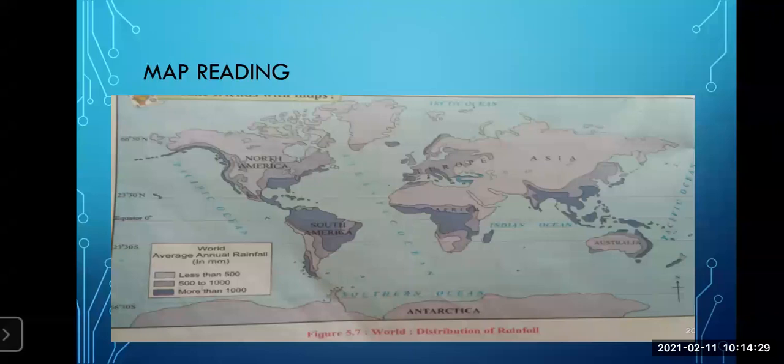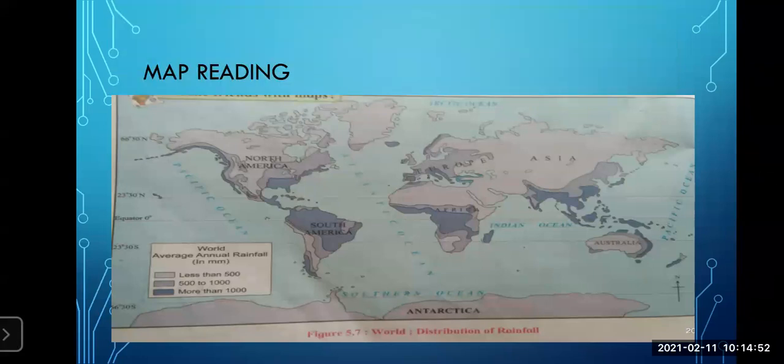Which region experiences more rainfall? Here it is asked which region is experiencing more rainfall. More rainfall is shown with a dark blue color, that is more than 1000. Then you have to find out which regions are experiencing rainfall of more than 1000 millimeters.